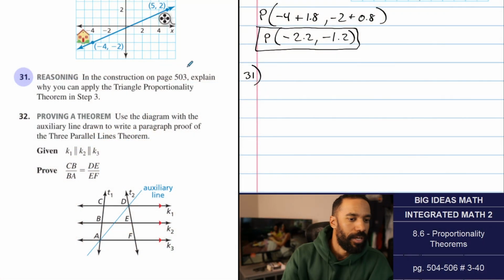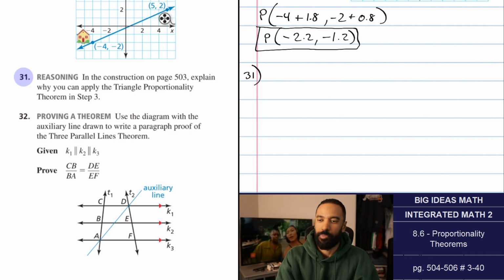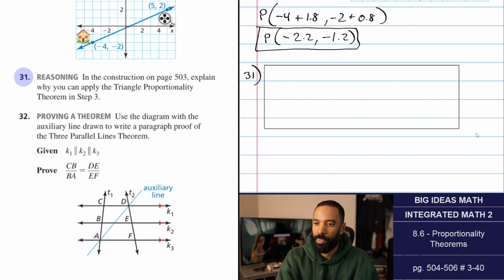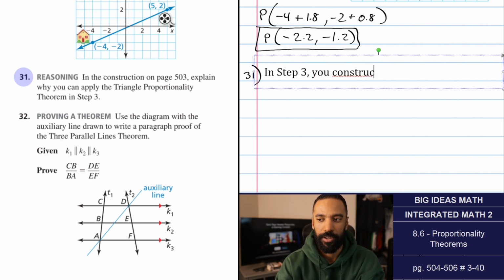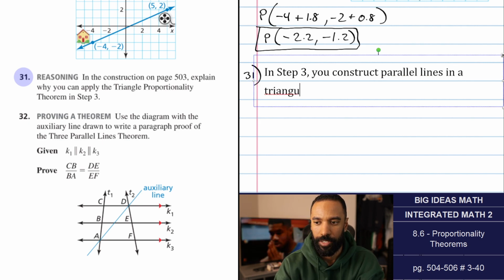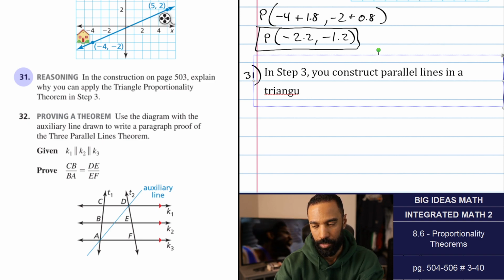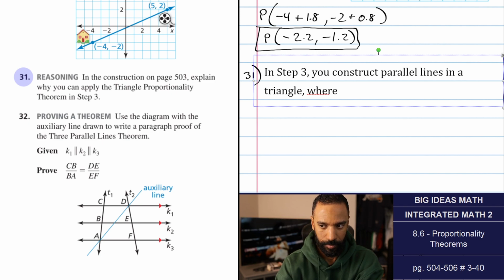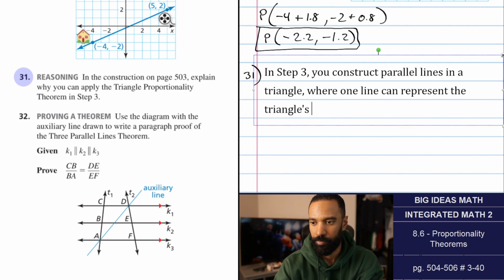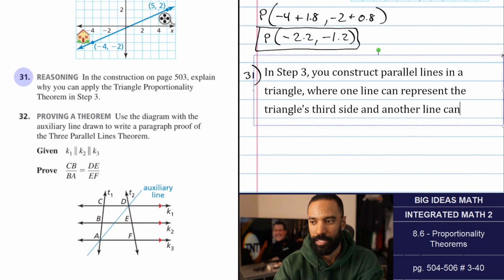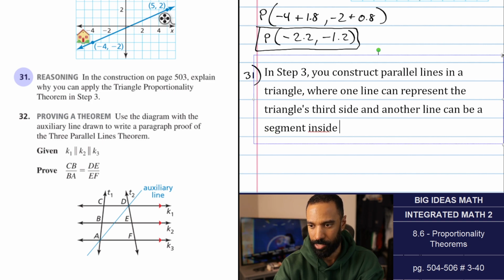The triangle proportionality theorem says when you have that, then you have the thing. So, in the construction page 503, explain why you can apply the triangle proportionality theorem in step 3. So, the best way I can say it is, in step 3, you construct parallel lines in a triangle, where one line can represent the third side, and another line can be a segment inside that is parallel.